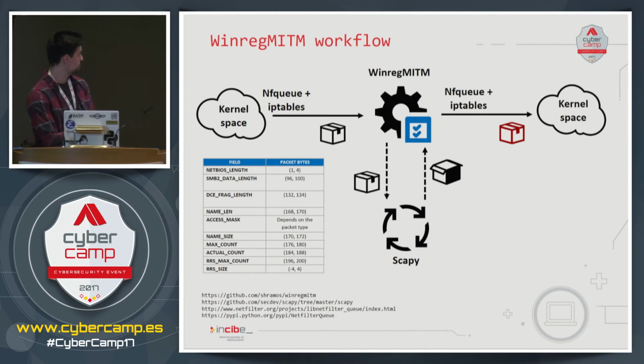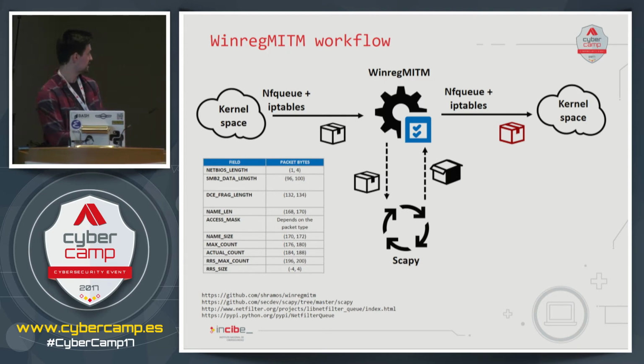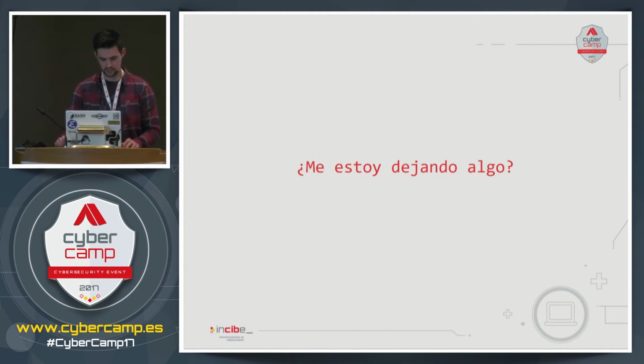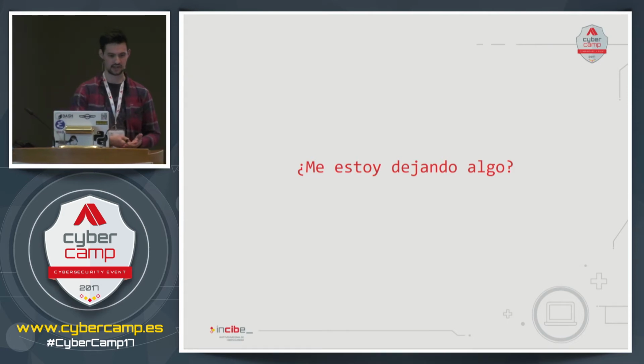So once we've recalculated all those fields, we just resend it back to the server in the NFQ. The same package that the client sends out is then the same package that the server gets. We just modified it. So we've got the packet, we've modified it, we've inserted all the values that we want in the remote log protocol.